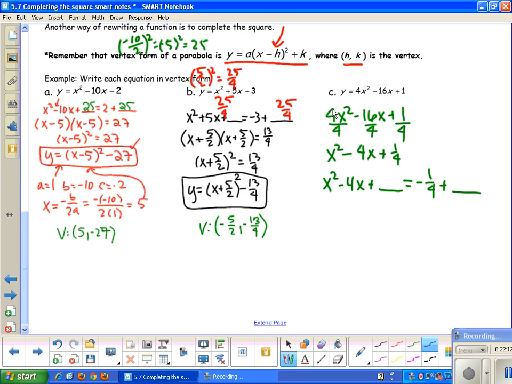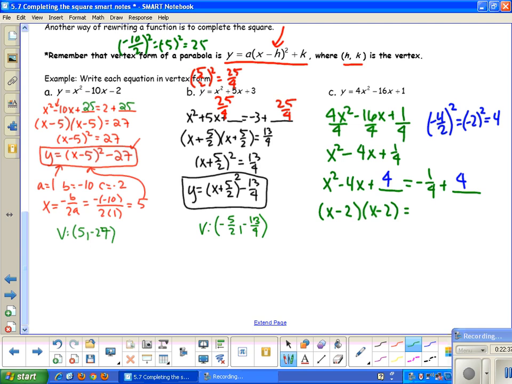And then my linear term's -4, so -4 over 2, so half my linear term squared. So -4 divided by 2 is -2, and -2 squared is 4. So that completes my square. And now I get to factor, so this is x minus 2 and x minus 2.